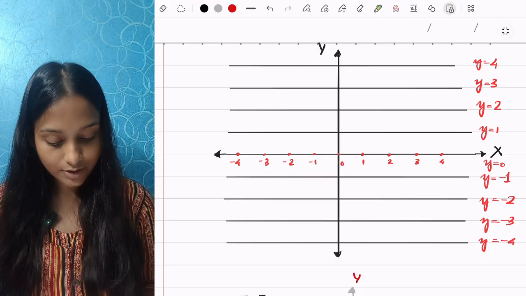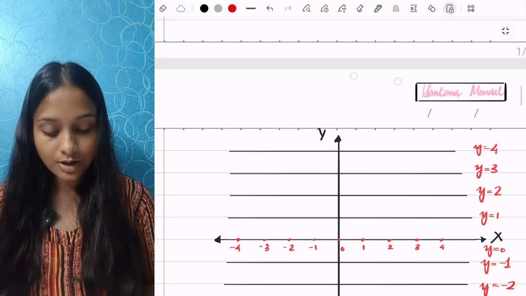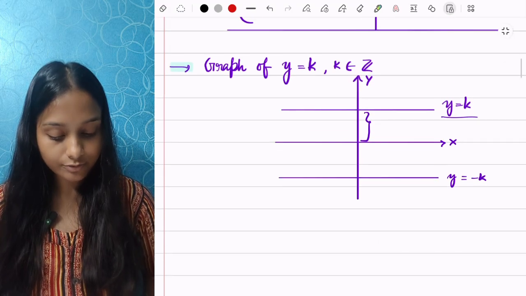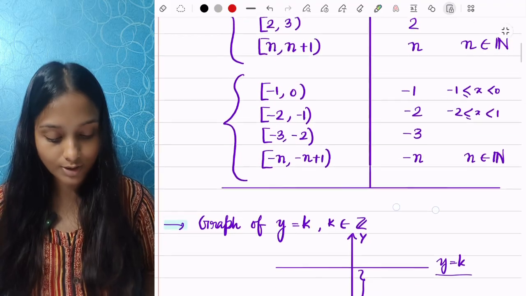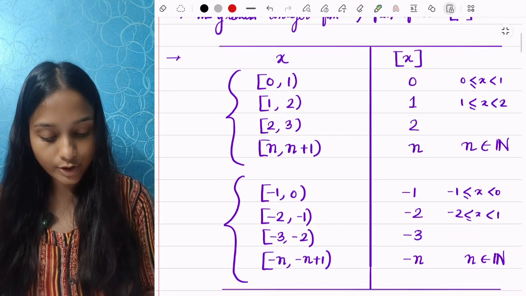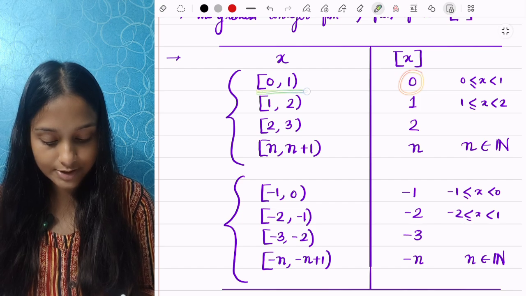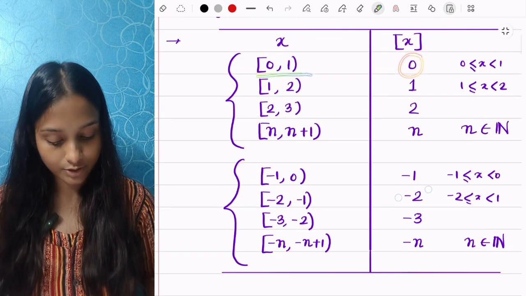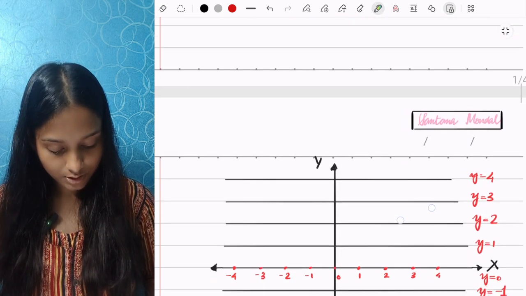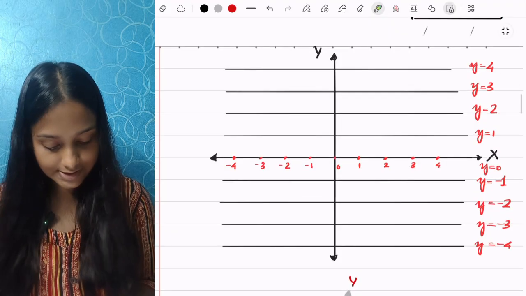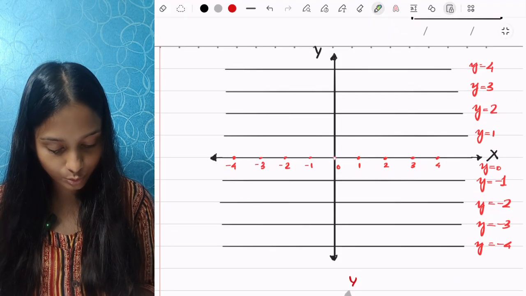So let us see, this is y equals 0, and from the property of this function box x, what we will have? We will have y equals 0 in the interval closed 0 to open 1. So this interval, this is 0 to 1.